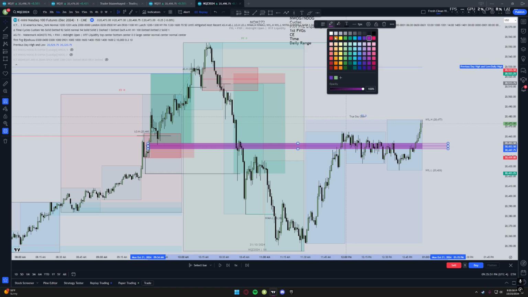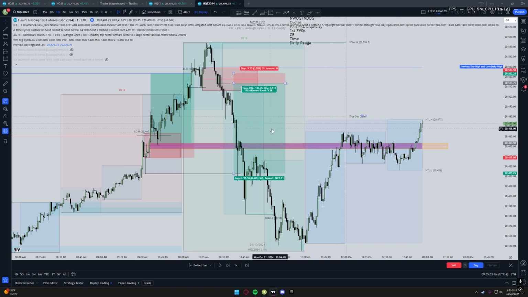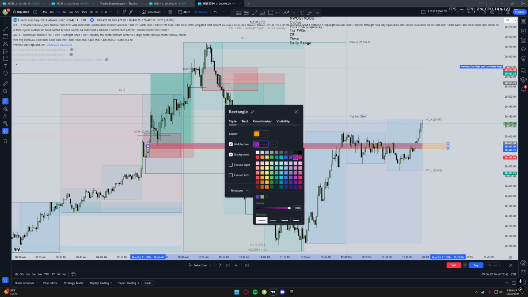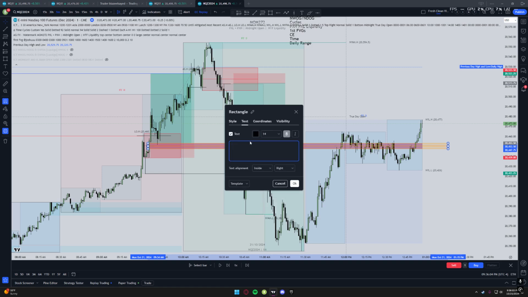And my weekly ones, I like to make orange, just because they'll stand out. Orange, and the line needs to be orange too. Wrong one. First FVG of the week.